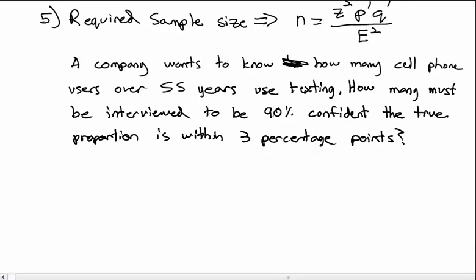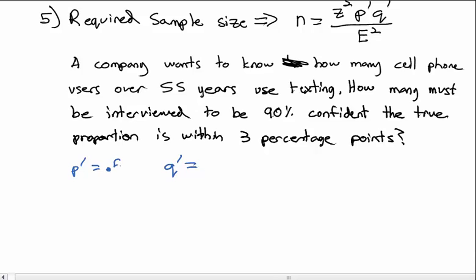Now here's an interesting fact. We don't know what p hat and q hat equal, because we haven't done the study yet. We want to know how many people we have to interview to get the results we want. Well, in this case, we're going to make them as equal as possible so that their product will be as large as possible, kind of giving us a worst case scenario.